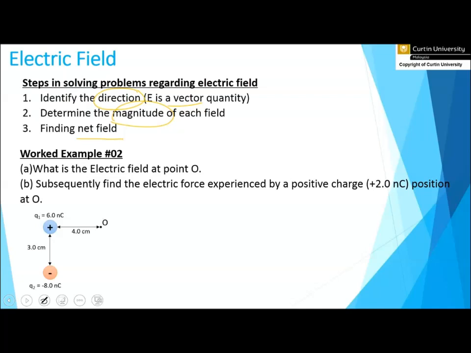So it's somehow similar to your example in electric force. But now, the difference is we remove the charge on position O. Alright? So, find the electric field at point O.